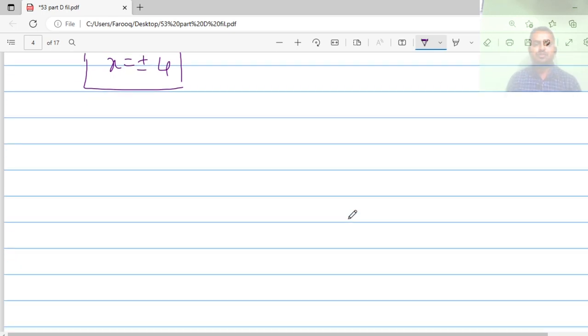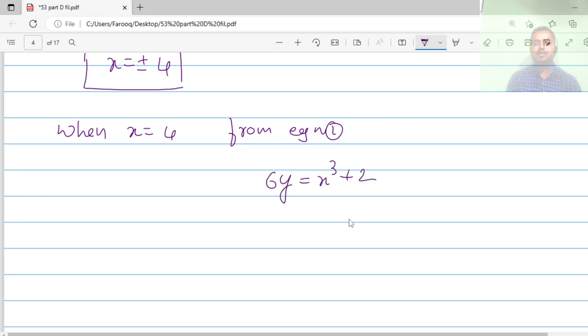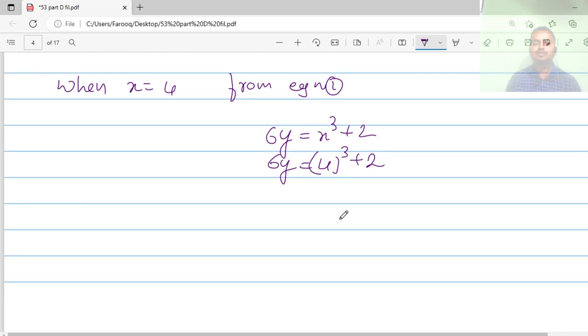When x is equal to 4, from equation 1, what is our equation? 6y = x³ + 2. 6y = 4³ + 2, means 64 + 2. 6y = 66. 6 elevens are 66.